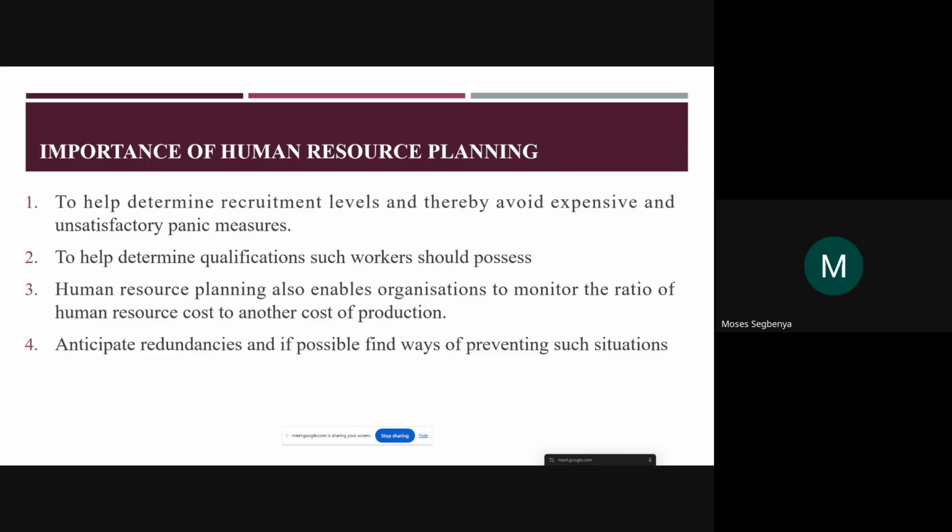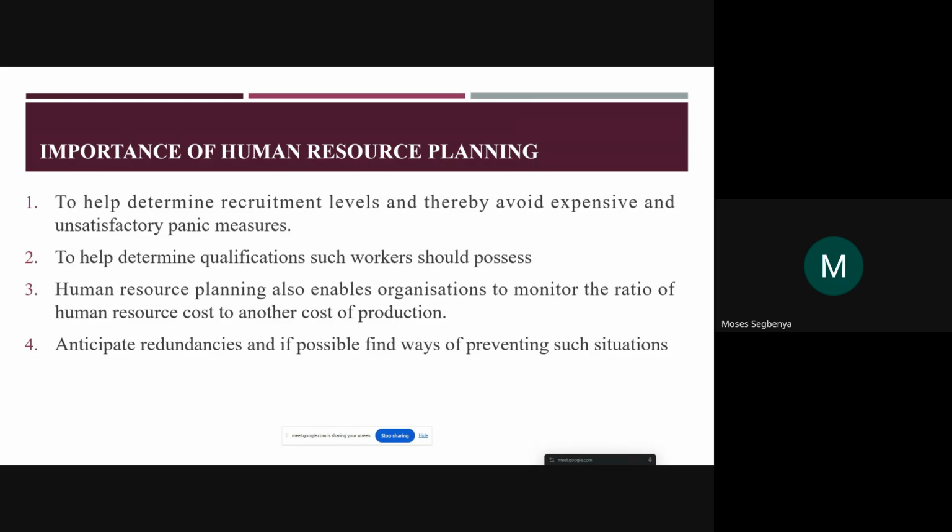Buying computers will become difficult. Buying marker and other things will be difficult for you because there's no money again. At the end of the day, everything goes into salary, which is not the best. So there's a need to plan so that if what you have cannot take care of 5 people, you know how to reduce it to 3 or 2, so that something will be left to take care of the school.